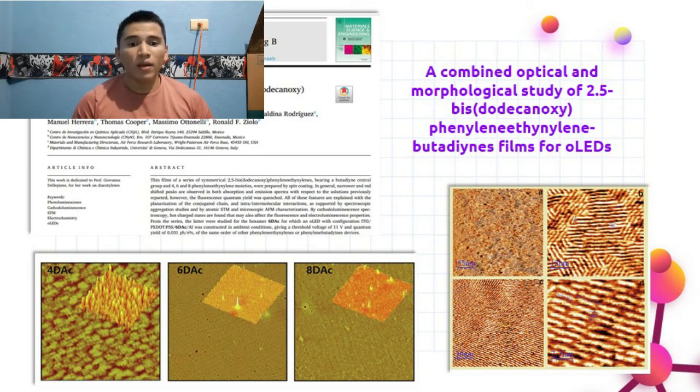STM and AFM microscopes can usually be employed in almost the same areas, so it's common to find them in combination in different papers.